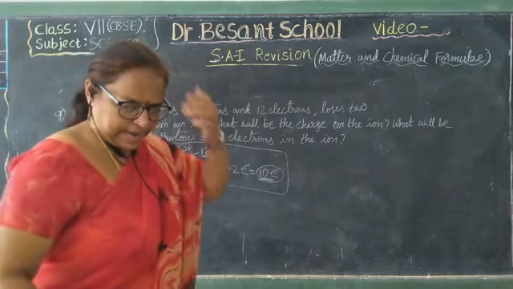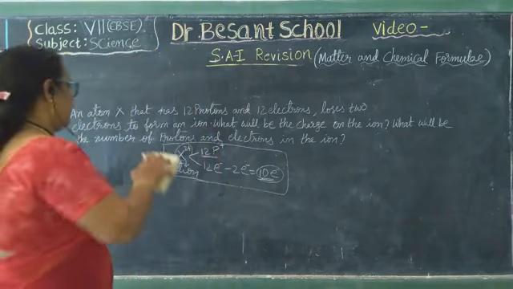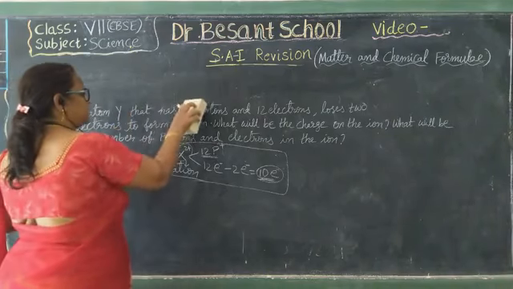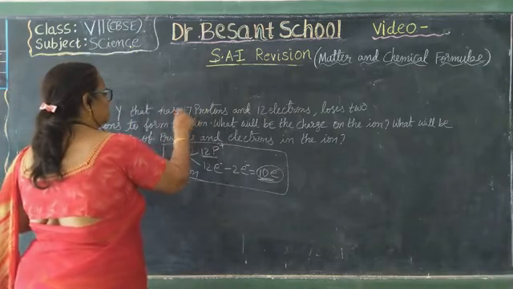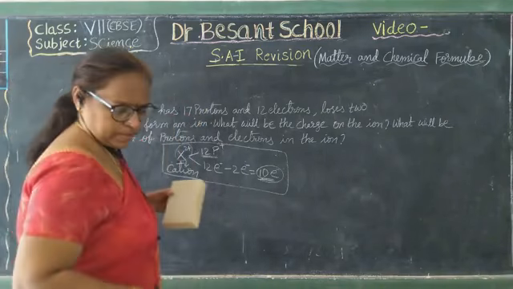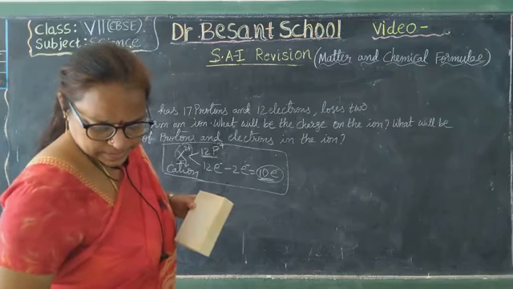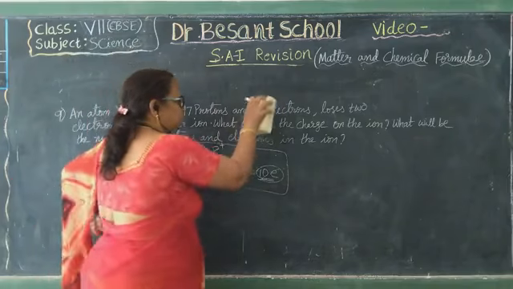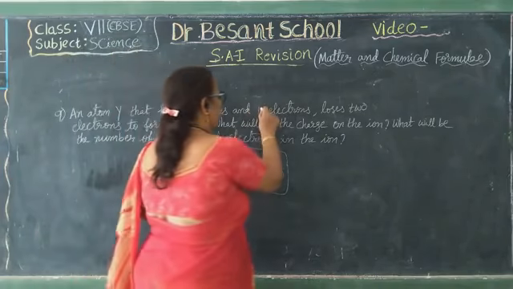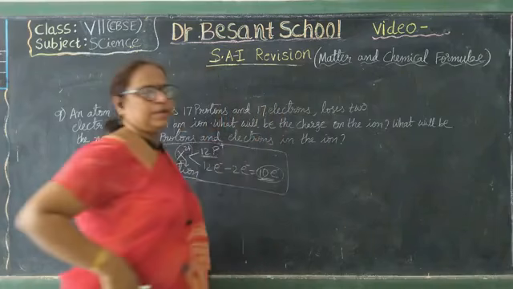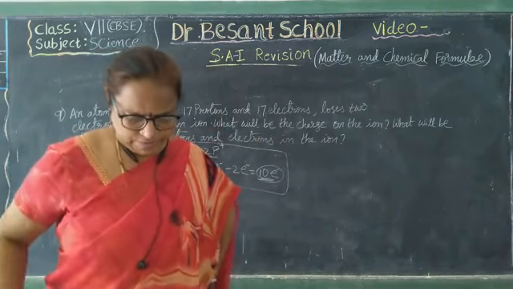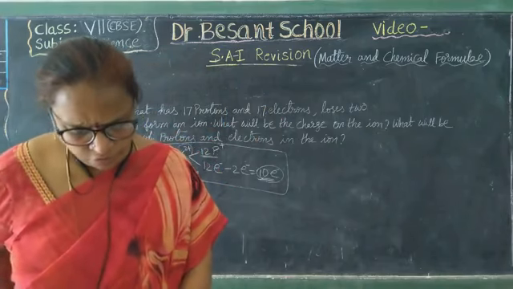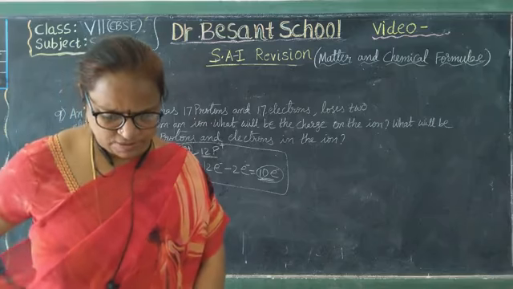So next one is an atom Y. An atom Y that has 17 protons and 17 electrons. If the atom has same number of protons and same number of electrons, then that atom is neutral. It gains 1 electron to form an ion. What will be the charge on the ion?